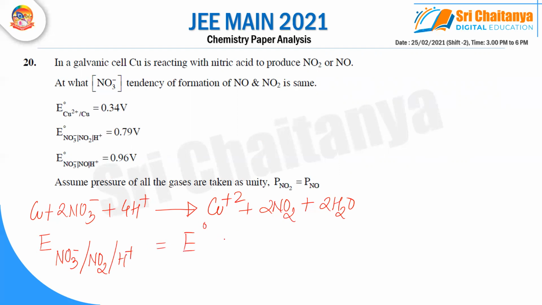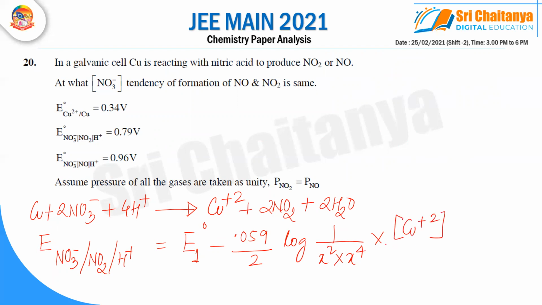That will be simply E naught value, which I'm writing here to be E1 minus 0.059 divided by 2 log of 1 upon x square multiplied by x to the power 4 into concentration of copper plus 2, divided by the concentration of HNO3 already written.